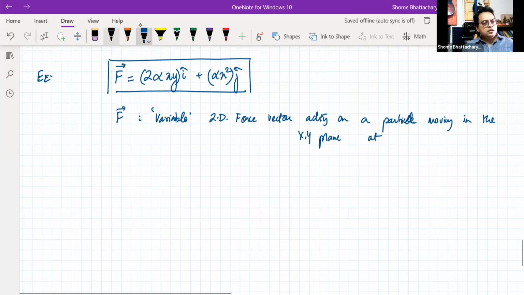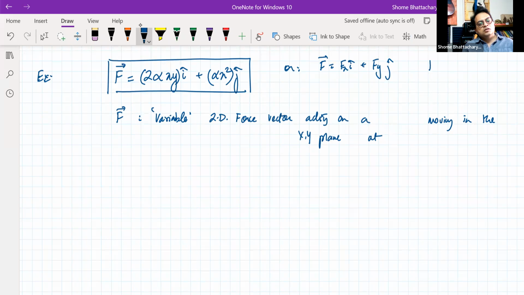Yeah, people, I just got disconnected, so I'll go back to sharing this file. Okay, so let's look at this question again. The formula given above is quite a complicated formula. It is a force which has two components, x and y component, where the x component of the force is 2 alpha xy, and the y component of the force is alpha x square, where alpha is a constant.